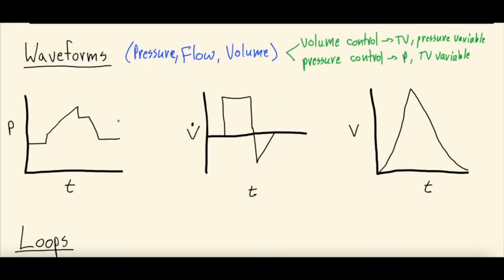So what we have drawn down here are these waveforms if the patient is on volume control. You chose a certain tidal volume to give them, say 450 cc's, that is set so that they get that each breath.